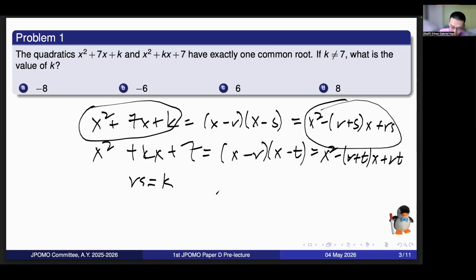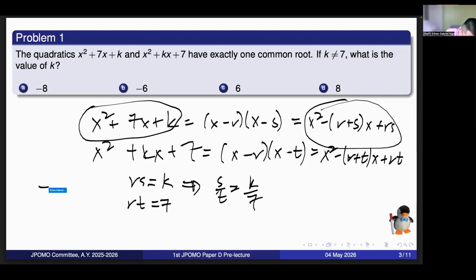Next, for the other polynomial, kx squared plus kx plus 7, we're going to have rt equals 7. So if we divide both of these, we will have s over t equals k over 7.